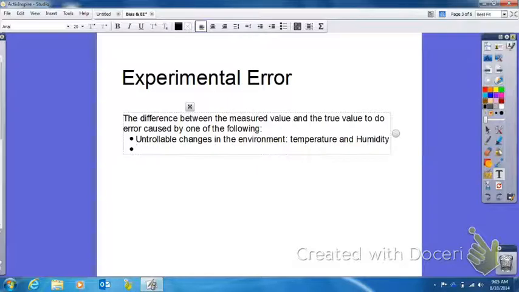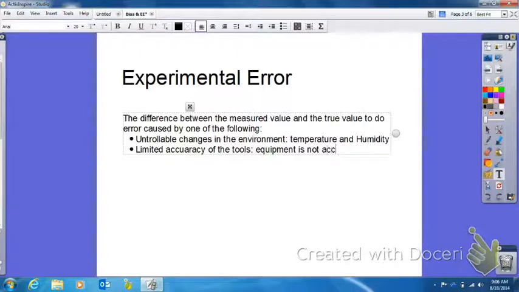Okay, another reason is because of limited accuracy of the tools. An example here is that the equipment is not accurate.